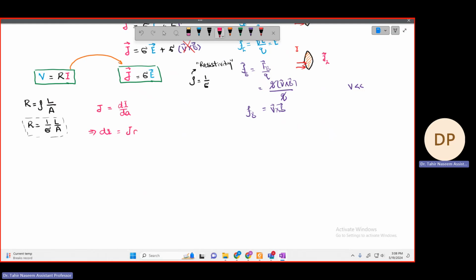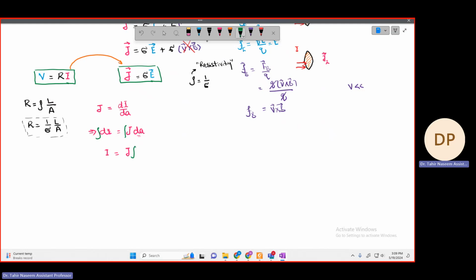J times dA, and then I will integrate on both sides to get I. So the total current I will be equal to J, which is constant. I can take that out of the integral if it does not depend on the space. What else we have?